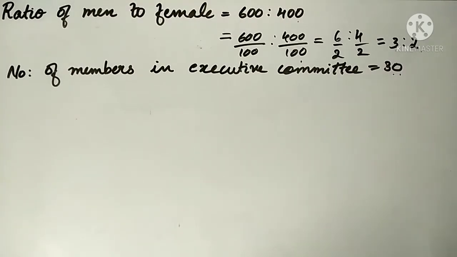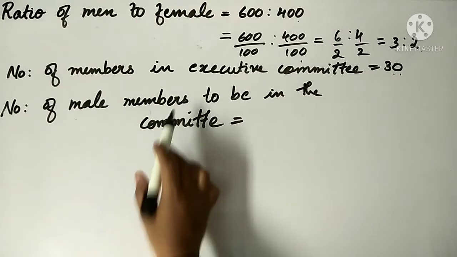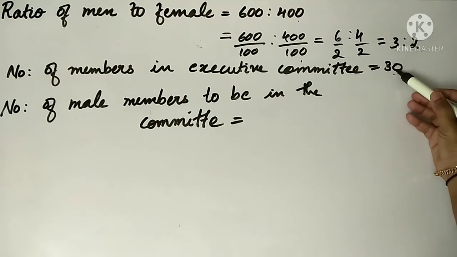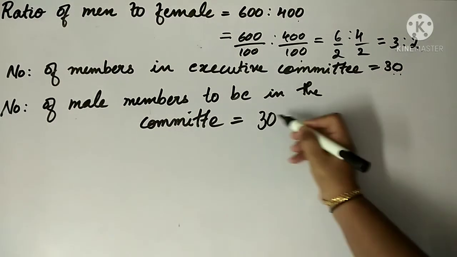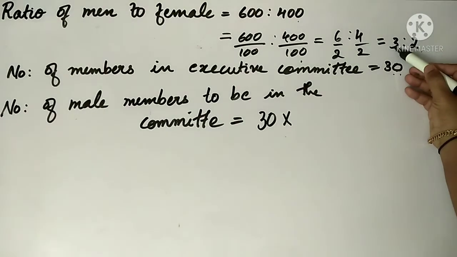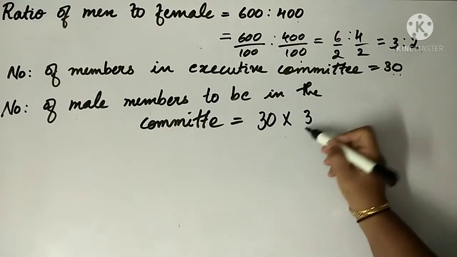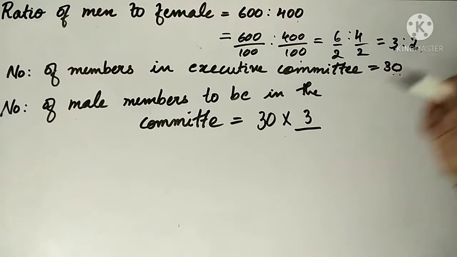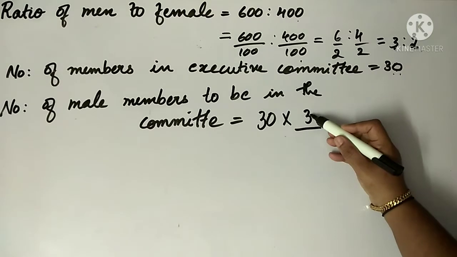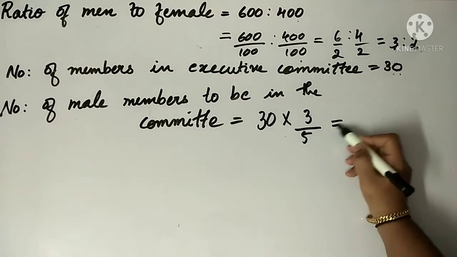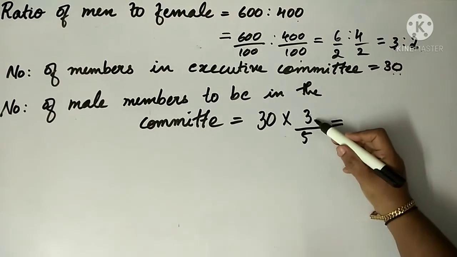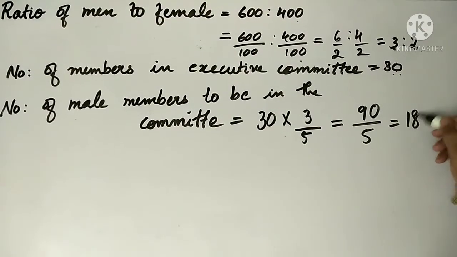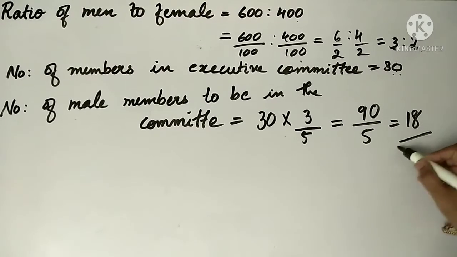Number of male members in the committee is equal to total number of members 30 into ratio of male 3 by the sum, 5. That is 30 into 3 is 90 by 5, that is equal to 18. So number of male is equal to 18.